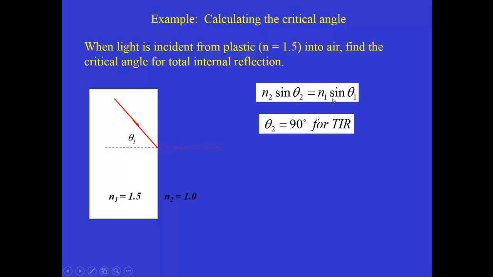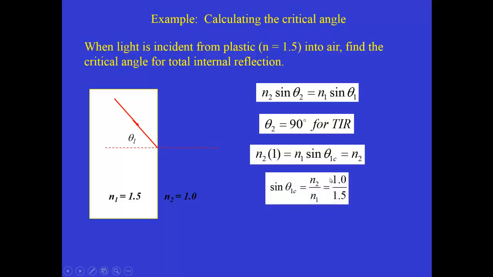So we take Snell's law, and then the second medium, which is medium 2 here, we set that angle equal to 90 and plug it into Snell's law, and so that would tell us that n1 times 1 is equal to n1 sine theta 1c, and we'll label this angle theta 1 critical because it's just got a special value. And all we have to do now is solve for that angle using the two indices of refraction in the problem. So sine theta 1 critical is 1 over 1.5, and if we solve for the angle, it's 41.8 degrees.